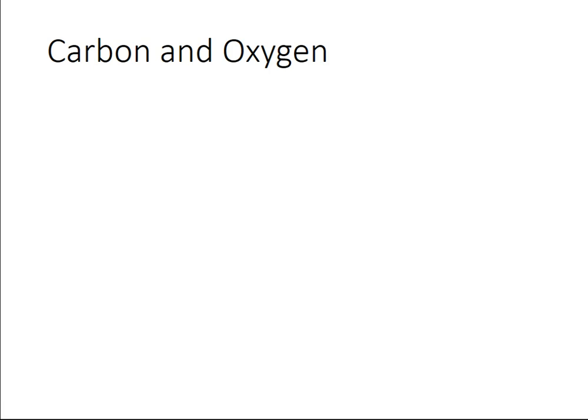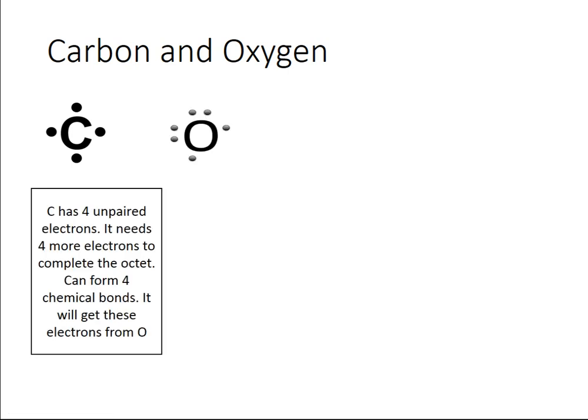We go all the way to carbon and oxygen. Carbon is like silicon. It has 4 unpaired electrons in its outer shell that we call the valence electrons. Oxygen has 2 unpaired electrons in its outer shell. So these are the ones that are going to form chemical bonds.